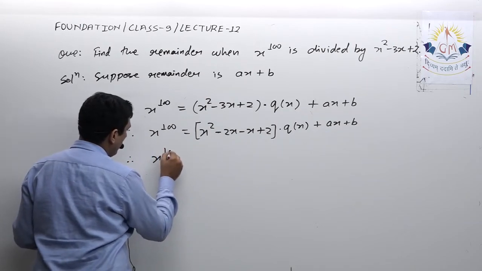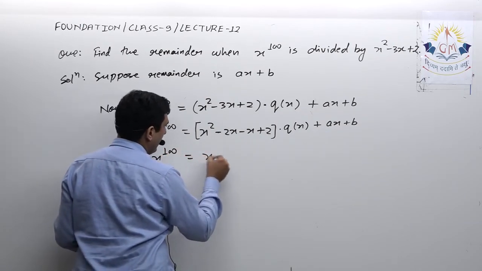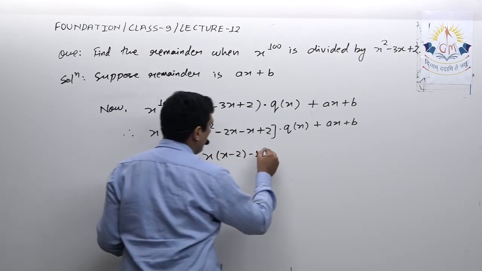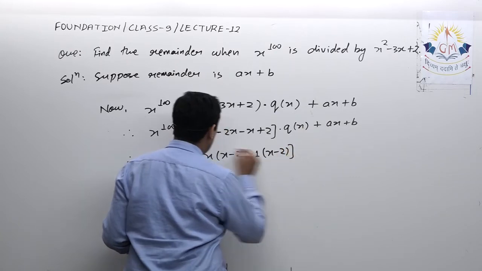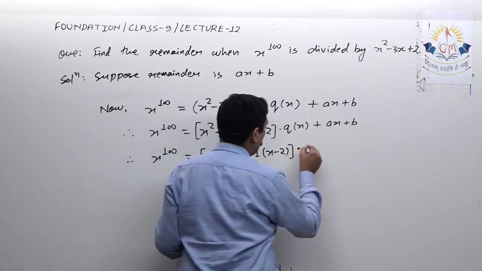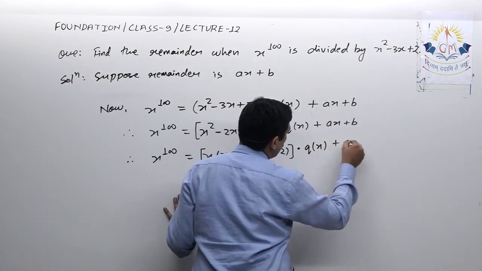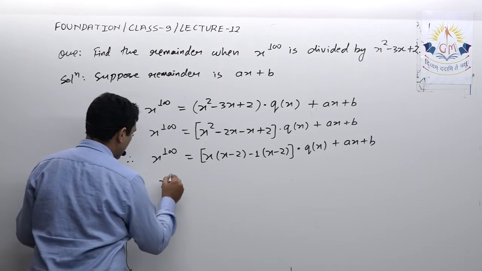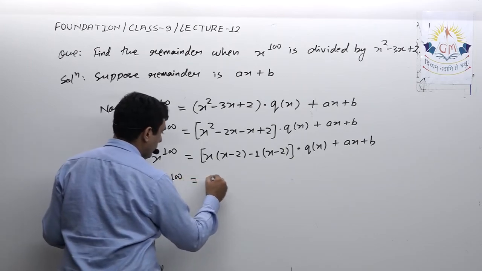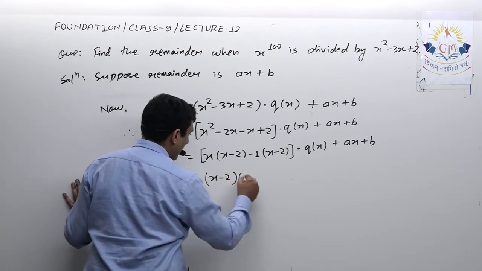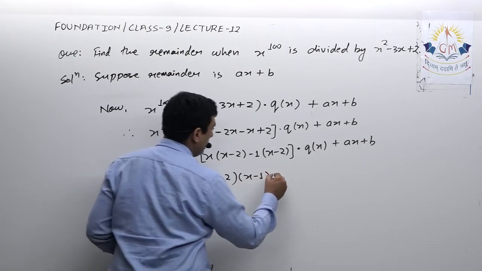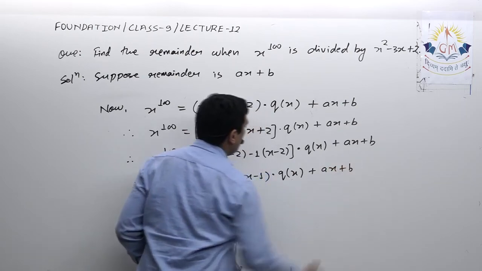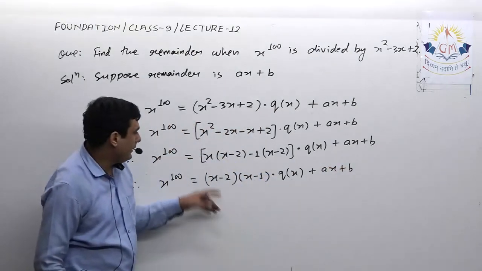Therefore x raised to 100 is equal to, here I can take x common, so x minus 2, here I can take minus 1 common, so x minus 2, into qx plus ax plus b. Therefore I can say x raised to 100 is equal to x minus 2 into x minus 1 into qx plus ax plus b. See, up to this I hope it's clear.